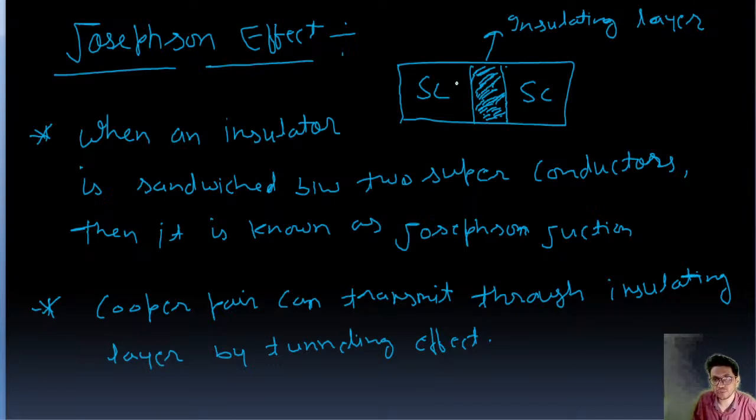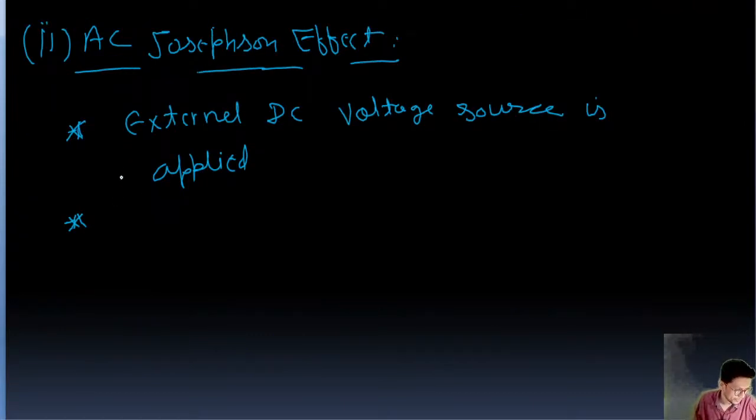So in that case, AC current, alternating current, will flow through the junction. Here is the frequency of the current.